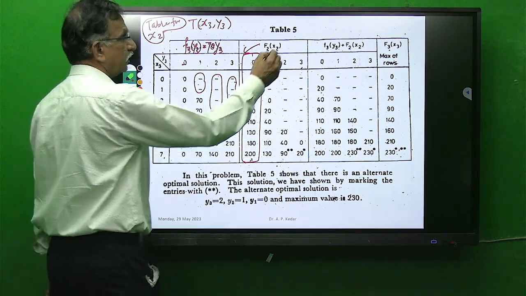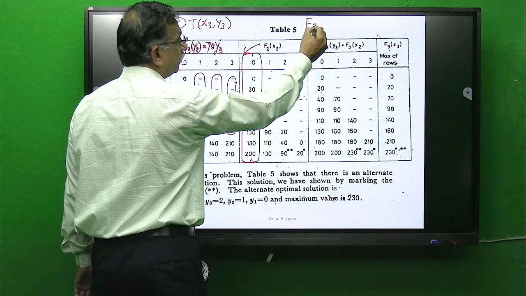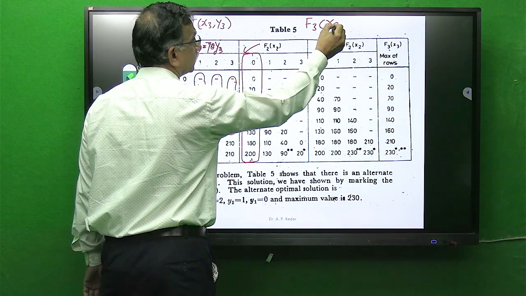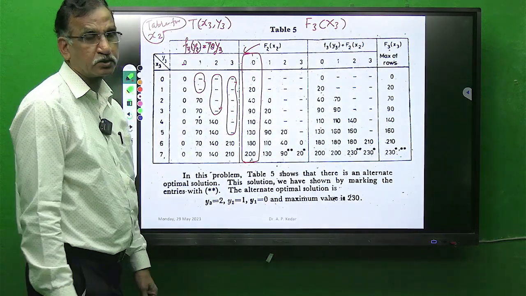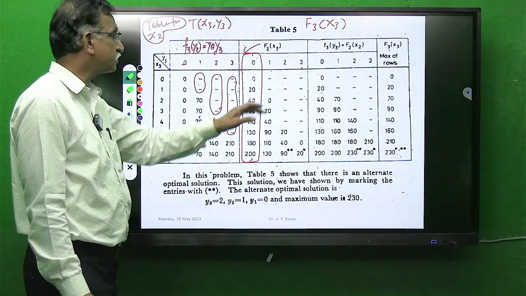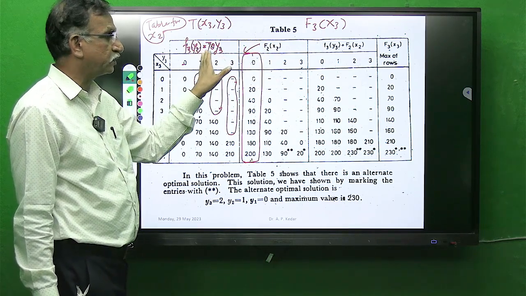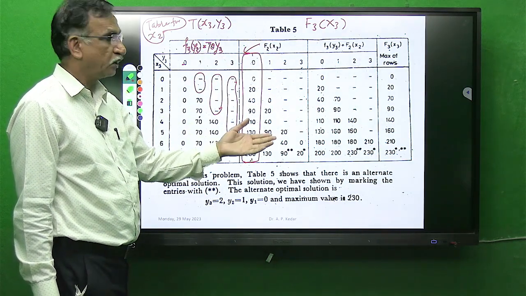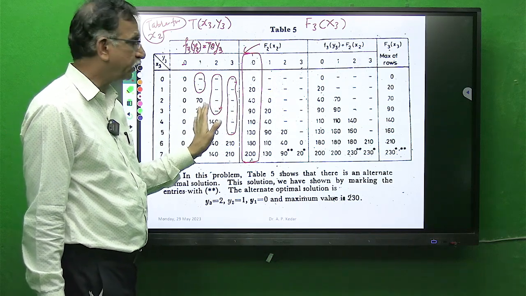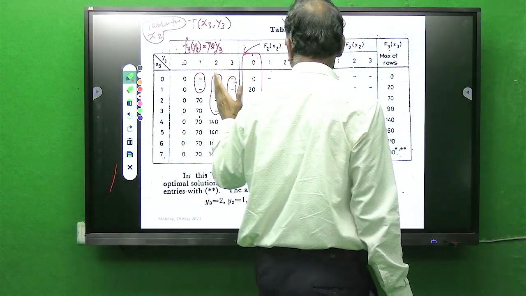Now as I said, I am interested in the value of f3 x3, and it is the sum of these two values. This is the previous stage, this is the current stage. So the same process as we did in the previous slide, addition of respective columns.